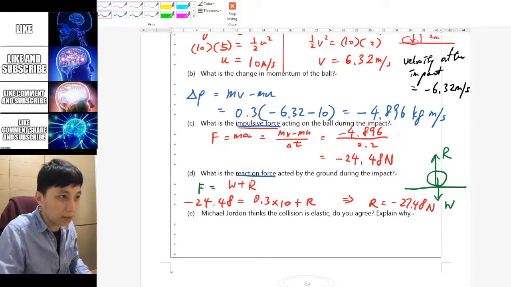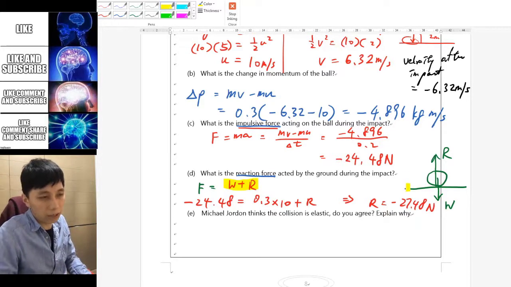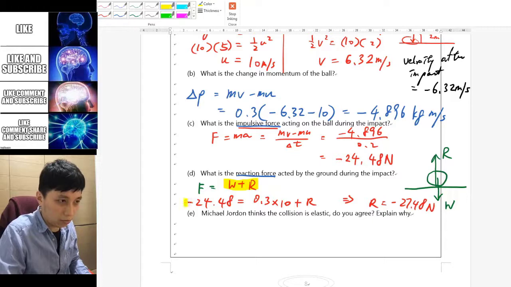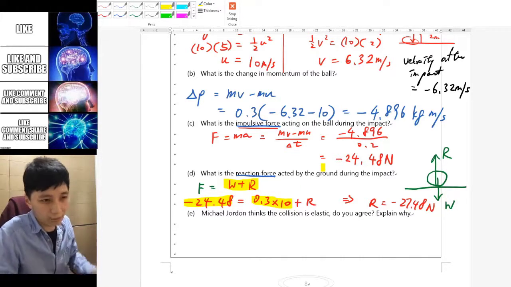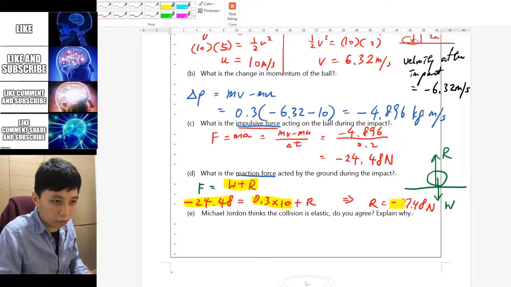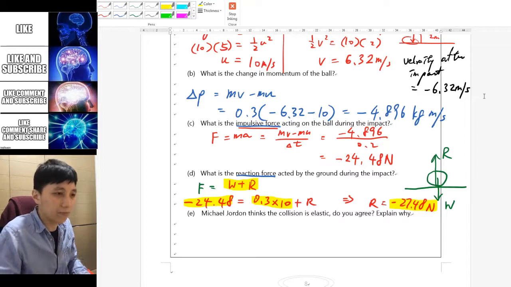In fact, this is probably the best expression that we can write down, and you don't have to worry about positive, negative, or anything. Okay, so eventually you also get the sensible answer, which is R in negative.